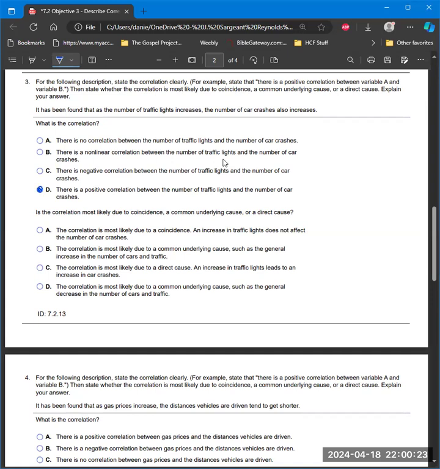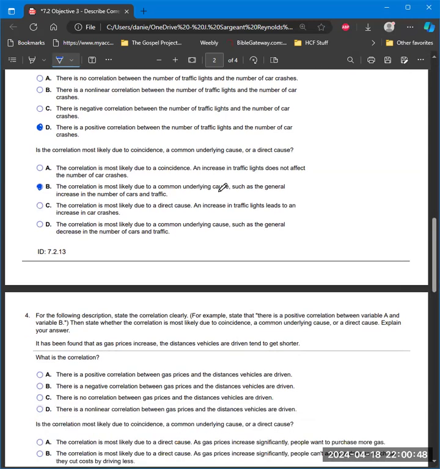And while that is not a direct cause, they most likely are due to a common underlying cause, such as a general increase in the number of cars and traffic. So that's B, that as the number of cars on the road increase, you're going to need more traffic control devices like traffic lights, but there's also going to be more accidents as there's more traffic and more congestion.